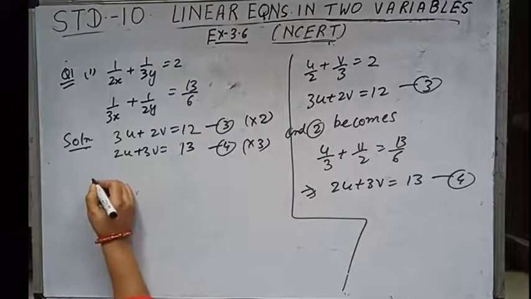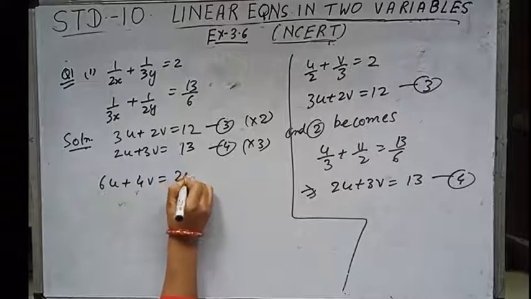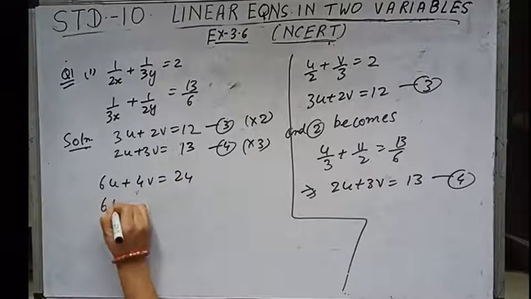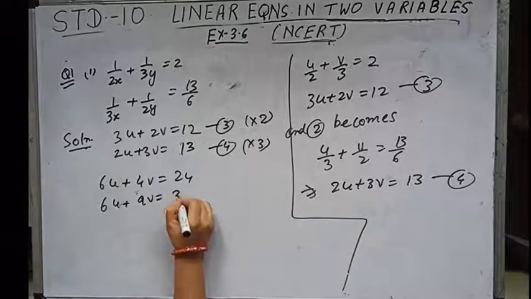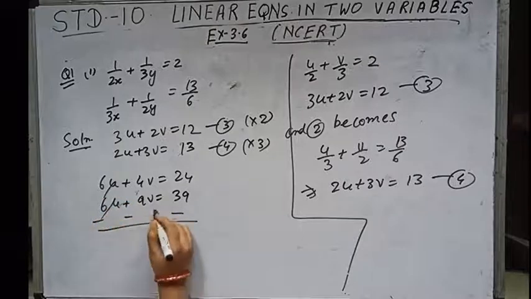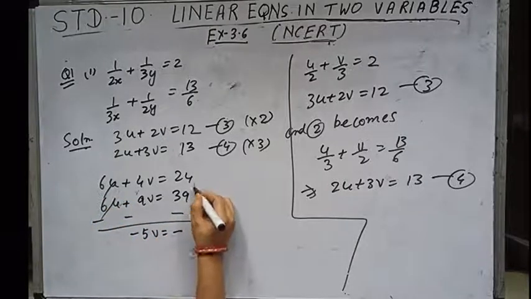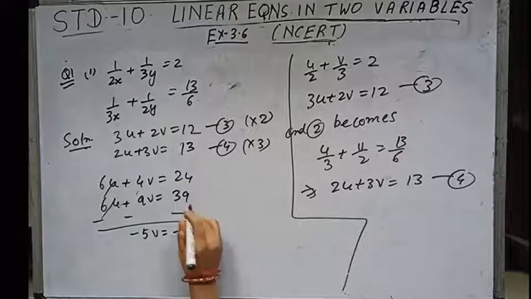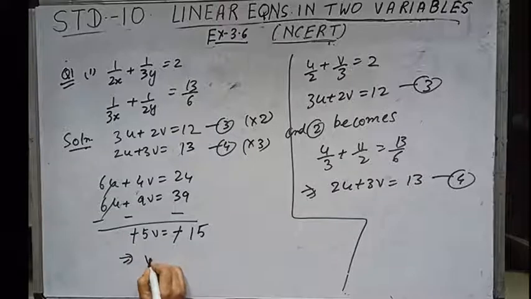So we will be getting over here 6u plus 4v equals to 24, and over here 6u plus 3 3s are 9v equals to 39. Now subtraction, these two will be cancelled, and over here minus of 5v equals to minus of 15, 9 minus 4 is 5 and 3 minus 2 is 1. Minus minus cancelled. This implies v is equals to 15 by 5, that is 3.